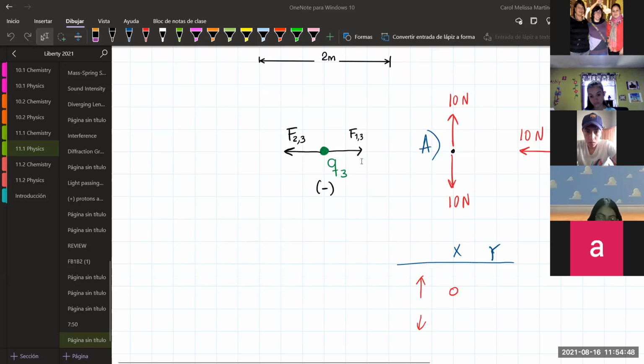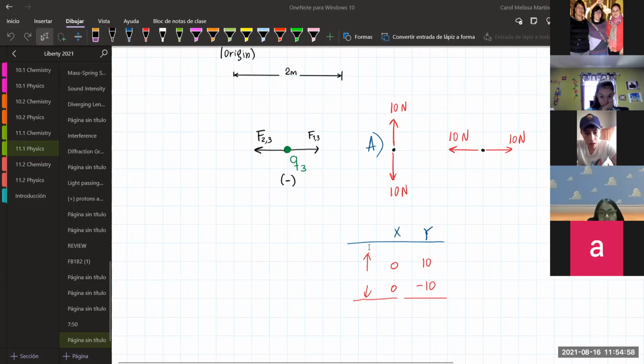The x is going to be 0 for both, and for y this is going to be 10 and this is going to be negative 10. So when you add all the components, you will have 0 here and 0 there. In total, the resultant is going to be 0. That happens because the forces are exactly the same and they are pointing out to opposite directions.